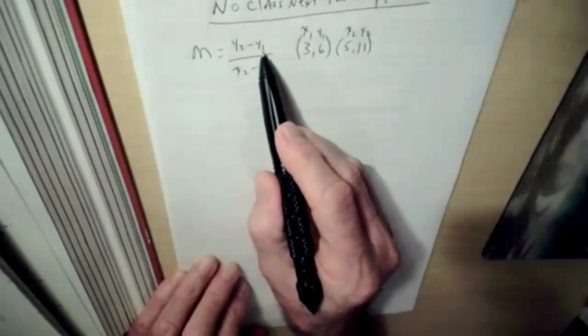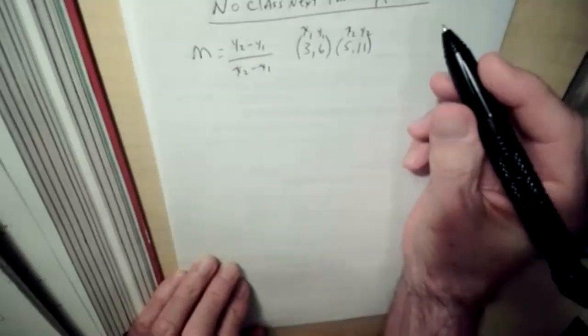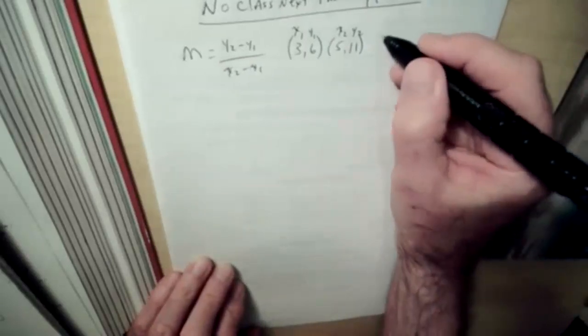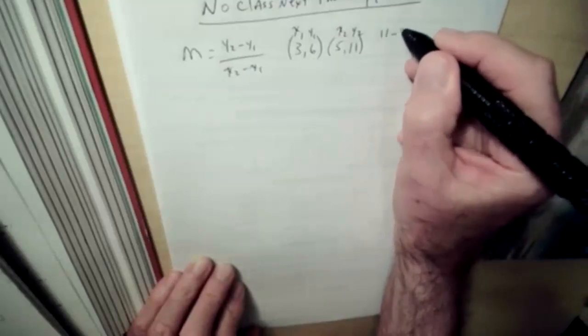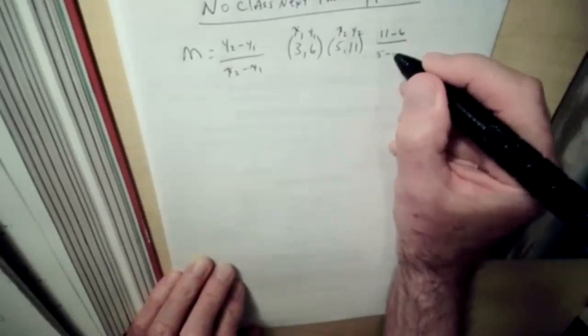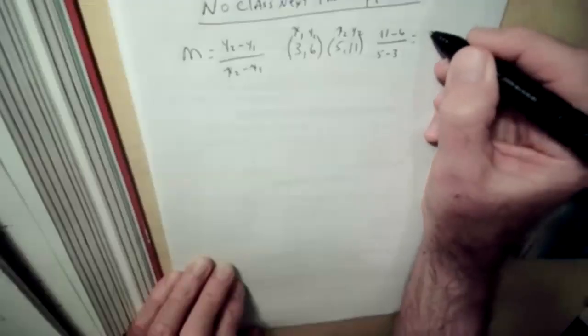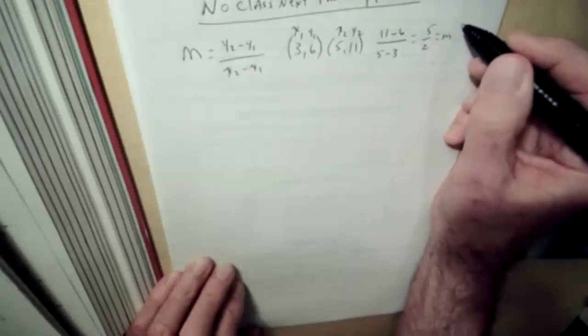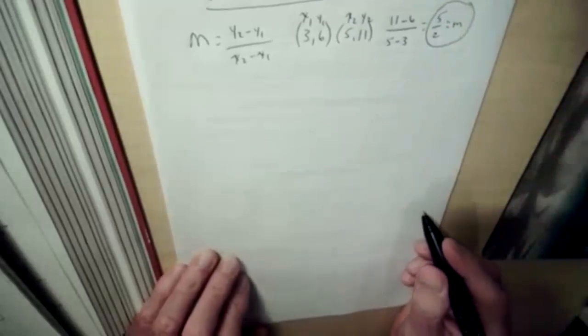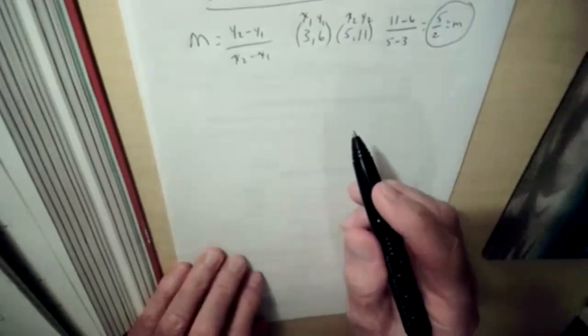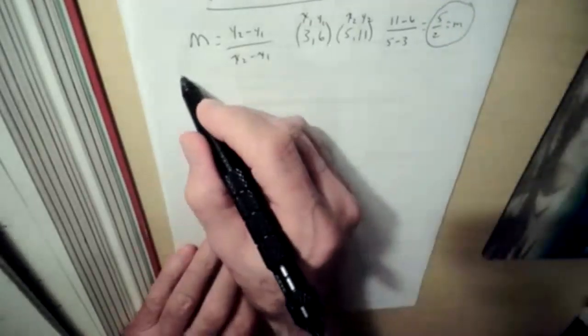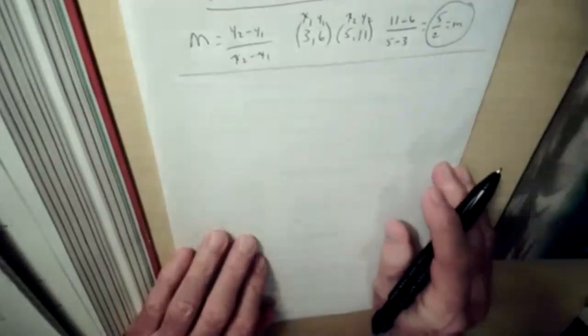Okay, so y2 minus y1. y2 is 11 minus 6 over x2 is 5 minus 3. Now we do the arithmetic. 5 over 2, and that is our slope. I hate to say super duper whiz bang important, but it is very important. You're going to see slope in a lot of different forms.